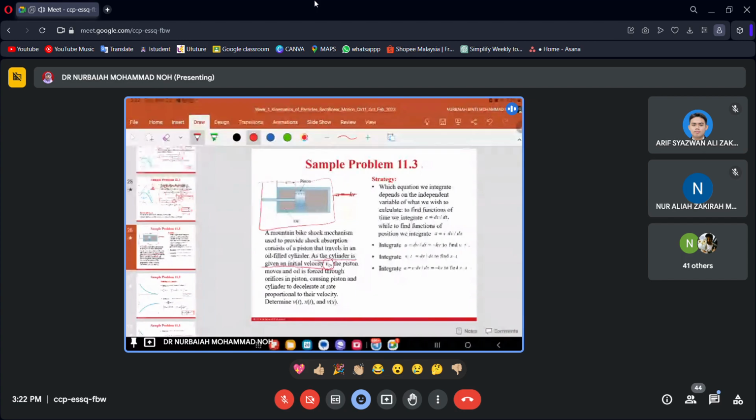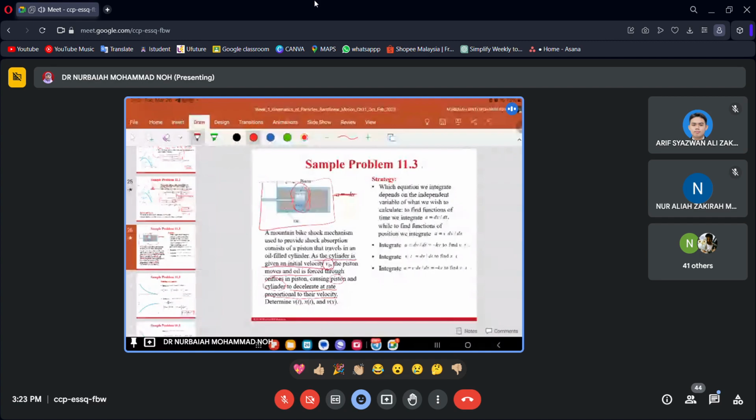This mechanism moves and oil is forced through the orifice in the piston, causing this element and cylinder to decelerate at a rate proportional to their velocity. Okay, nampak tak kat sini?